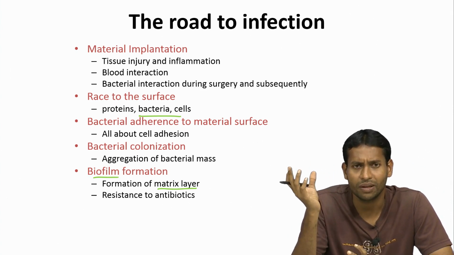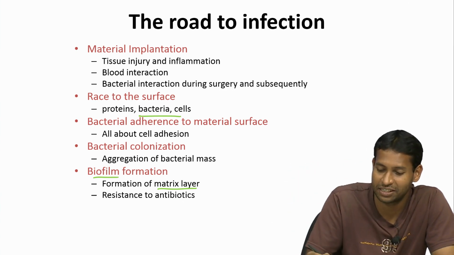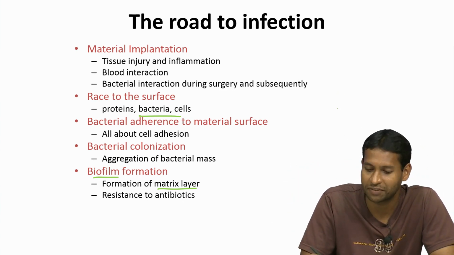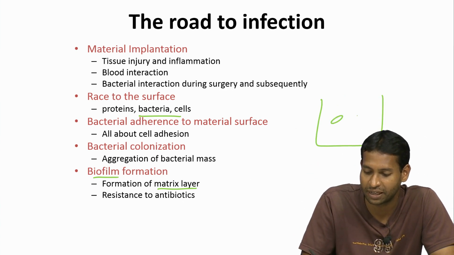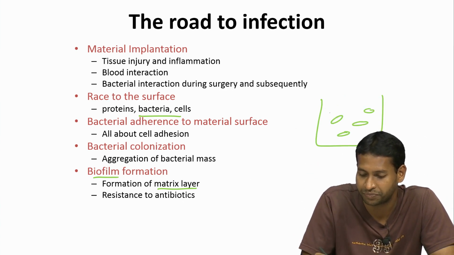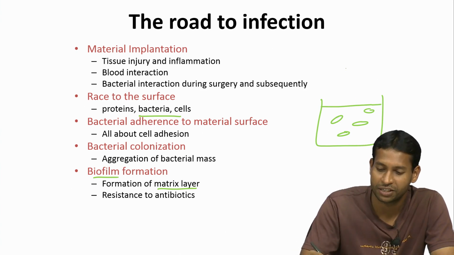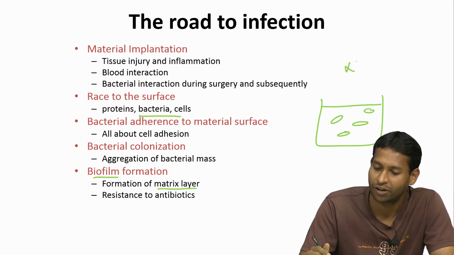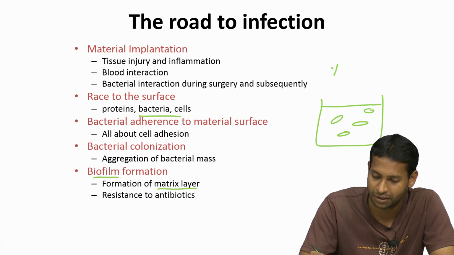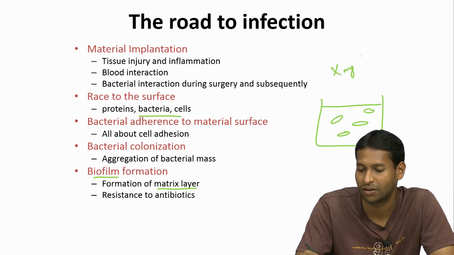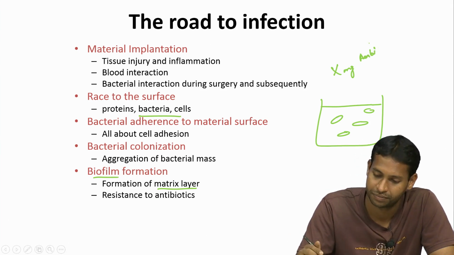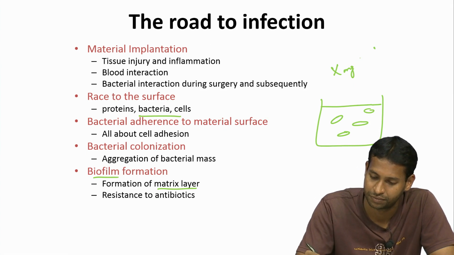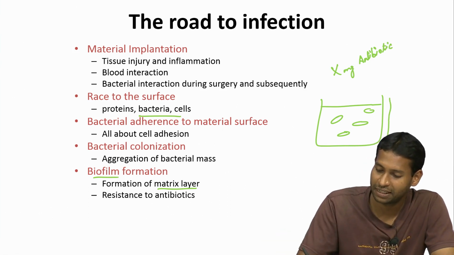So, essentially what has been shown in the literature is, if you have planktonic bacteria, which basically means that the bacteria are free floating in a fluid, and if you require a concentration of X, X milligram let us say, of an antibiotic to kill these bacteria, then let us say now this bacteria has colonized the surface.